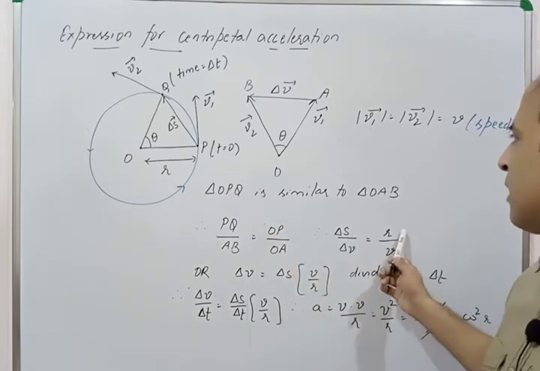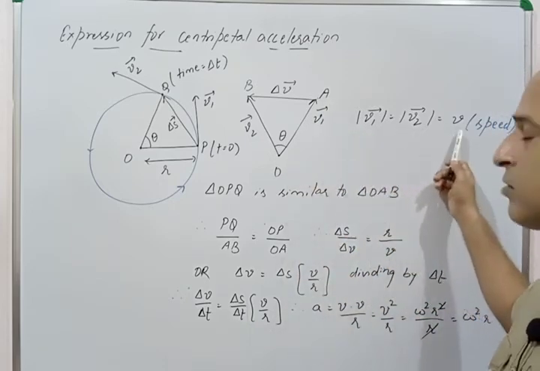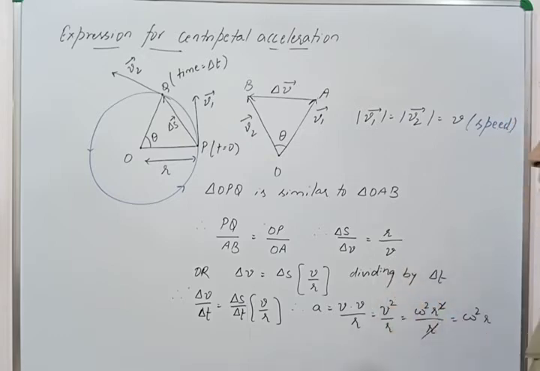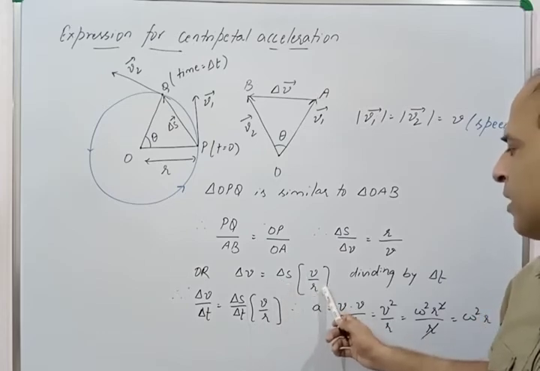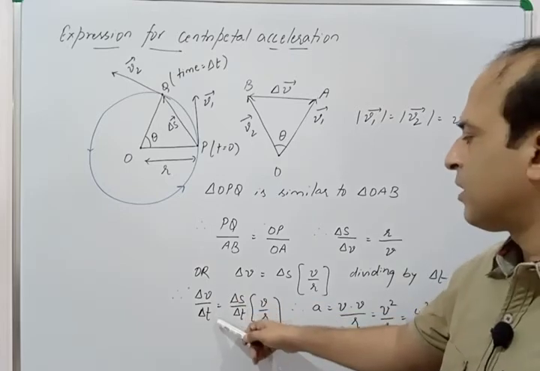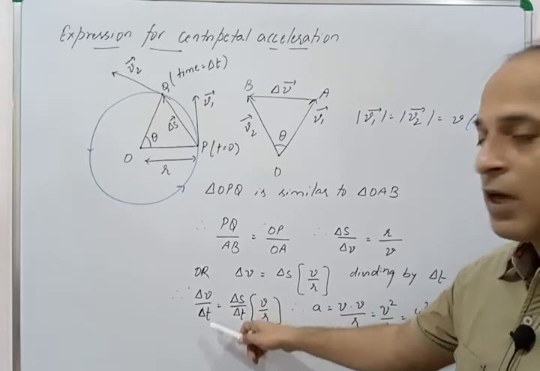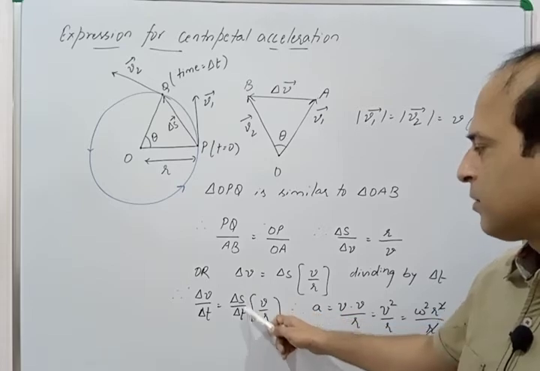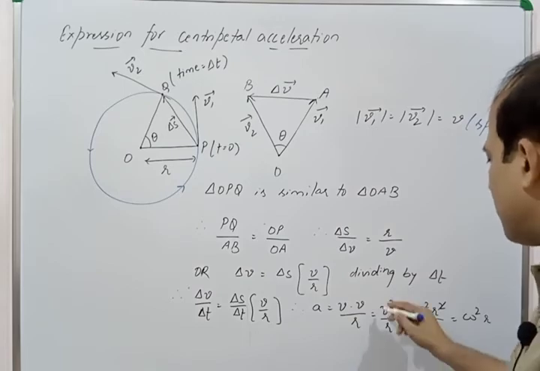OP is radius R. And what is the value of OA? दिख रहा है velocity vector V1, but the scalar value is V. So we have written it as V. Now we convert this expression for delta V. So delta V is obtained as delta S V by R. Now dividing both sides by the time elapsed, delta T, I'll get delta V by delta T equals delta S by delta T into V by R. The change in velocity upon time is acceleration A, displacement upon time is speed. So V into V becomes V square by R. So the expression for the centripetal acceleration is obtained as V square by R.